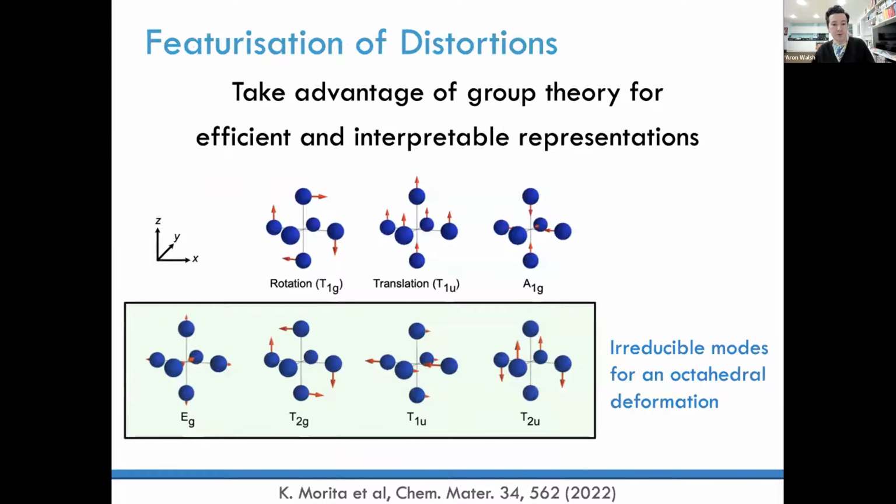And so my student Kazuki Morita spent quite a bit of time thinking of how he could efficiently featurize distortions in octahedral systems, going back to some simple group theory and the possible ways that you can deform an octahedron. He realized there are actually only 4 unique modes.